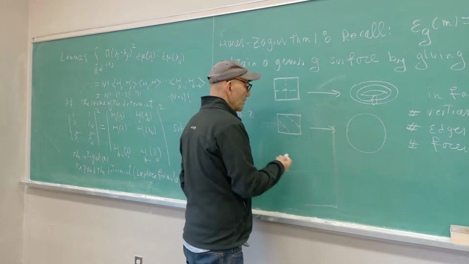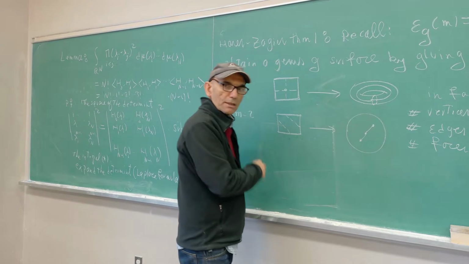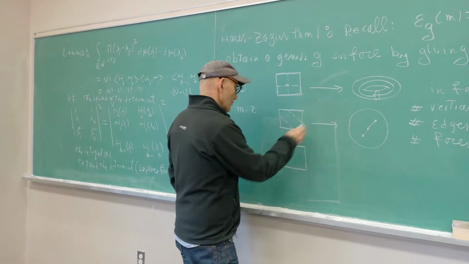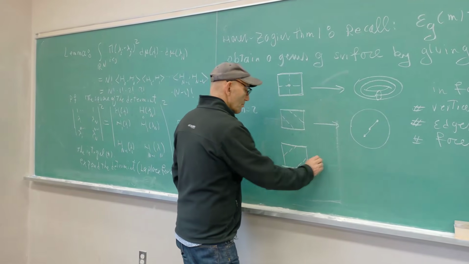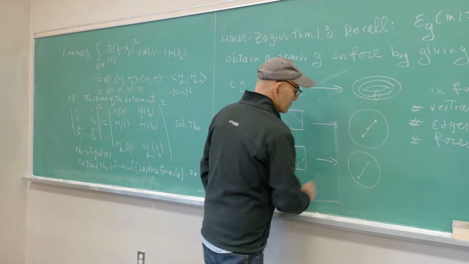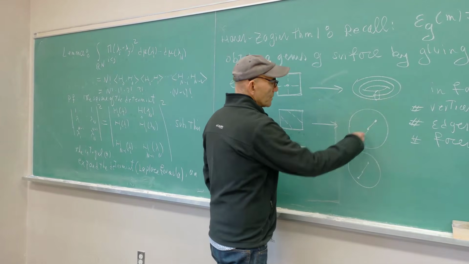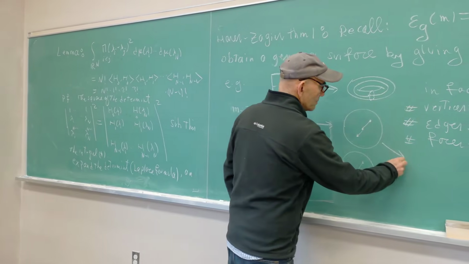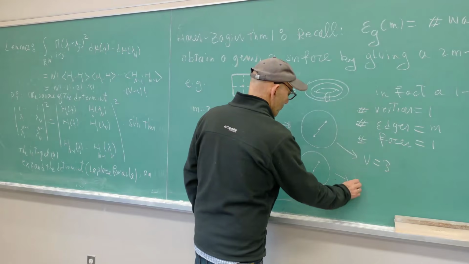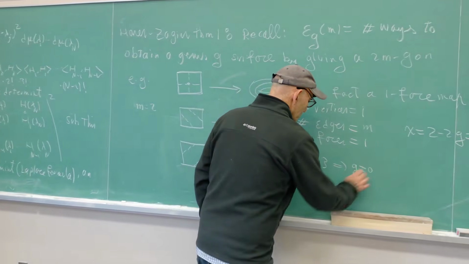There are 2 cases where we get genus 0, namely these 2 things. I'm drawing things that I already did before, but that's okay. And then we also have another one, again a sphere. Here the number of vertices V is equal to 3, and this implies that g is equal to 0.